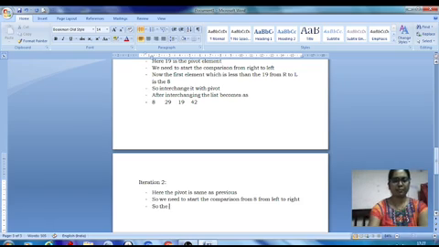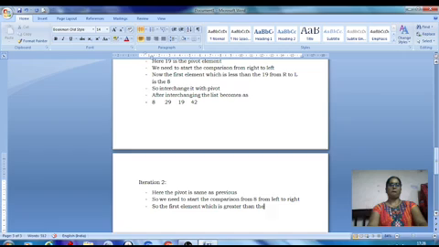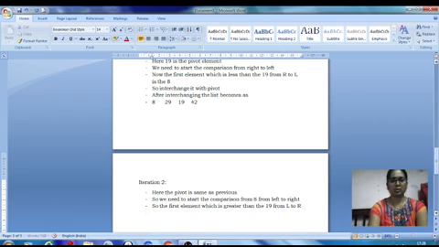So the first element which is greater than the 19 from left to right is 29.